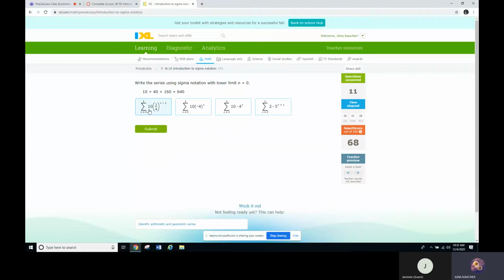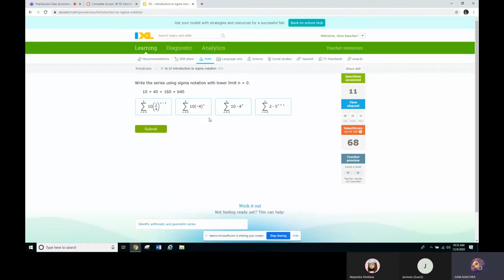Okay, are you taking 10 times 1/4 to the n minus 1? Or 10 times negative 4 to the n? Or 10 times 4 to the n? Let's see, you're starting with 0, so when you put 0 in here, you would not get 10.